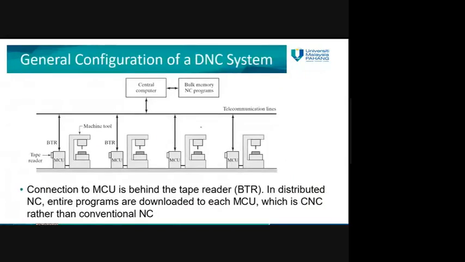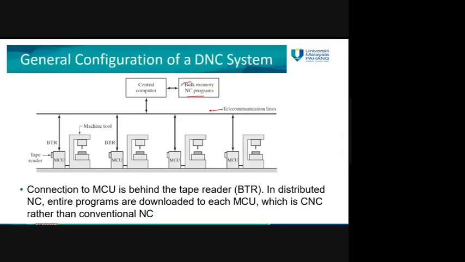As you can see here, this is a block diagram to show the distributed numerical control. You have bulk memory NC program here. When we say bulk, we are talking about several direct numerical control systems, which consist of a number of CNC machines. So you have the general computer here. You have a telecommunication bus or lines, and this bus is connected with the local MCU, or machine control unit, in two directions, upload and download.